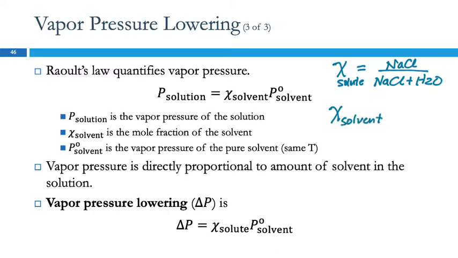If we look at mole fraction of solvent, we're going to have moles of H2O over moles of NaCl plus H2O. Yeah, I was wrong. So if we use this one, the variable we're looking for is moles of sodium chloride. We're only going to have one thing we're solving for here, x. If we use this one, we're going to have two x's in our equation, and we're going to have to combine terms, and that's going to be a little bit messier. So I reversed my decision, and we want to use this one.